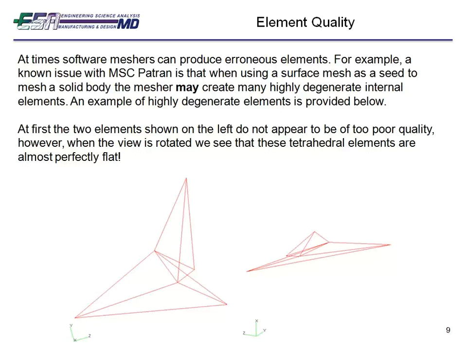The one on the left shows two elements that look to have decent element quality. However, when you rotate the view, you see that they're almost perfectly flat. It's hard to avoid this sometimes, and you need to ensure that these elements aren't created when you are doing techniques such as seeding the solid mesh with a 2D mesh.